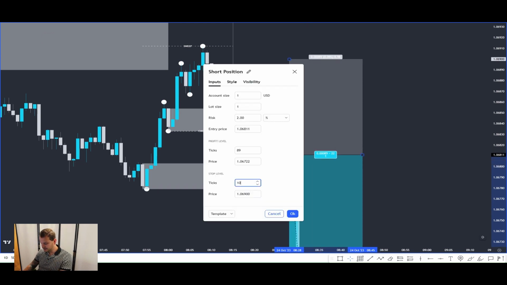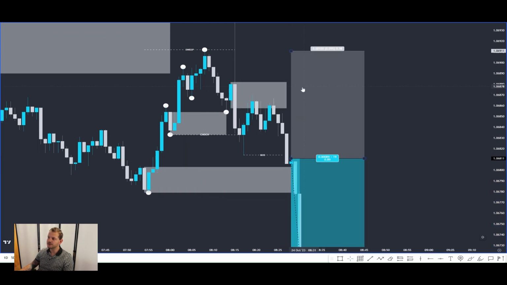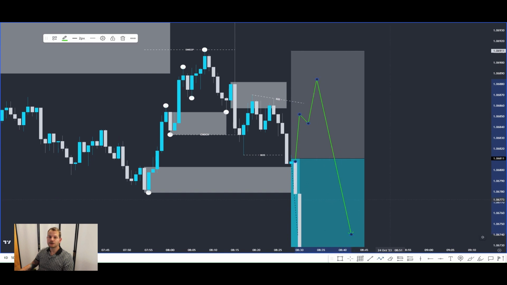I had a 10 pip stop loss, which isn't tiny, but you cover yourself just in case these 2 highs, guys, get liquidated, because what could happen is something like this. So you have to cover yourself for the worst kind of scenario without going with a massive stop loss.